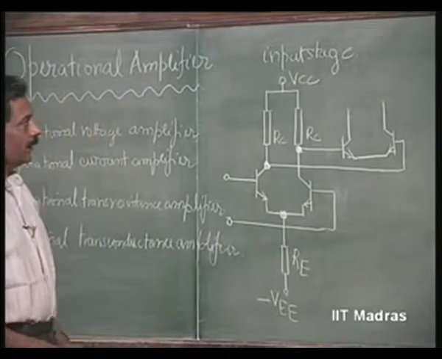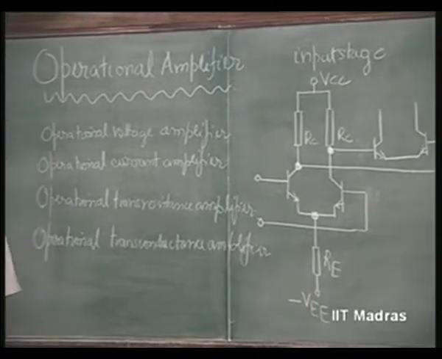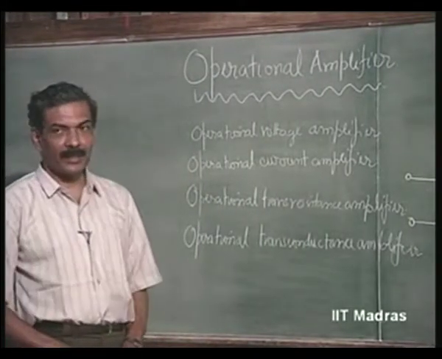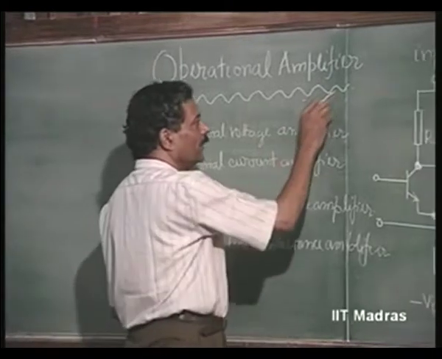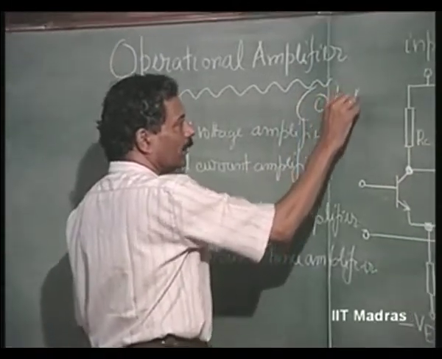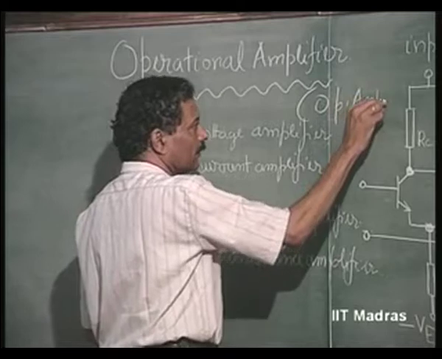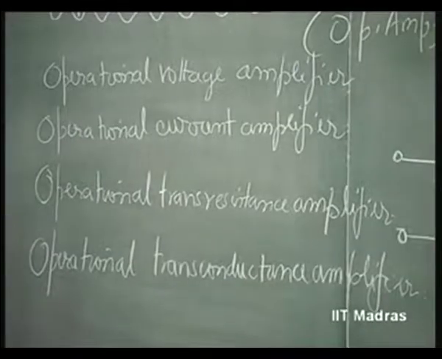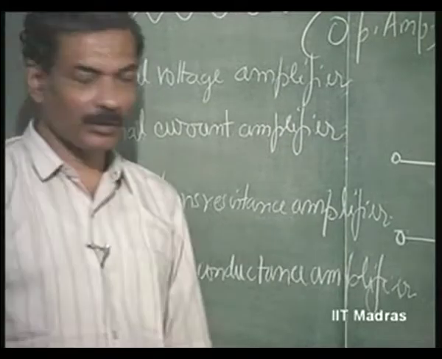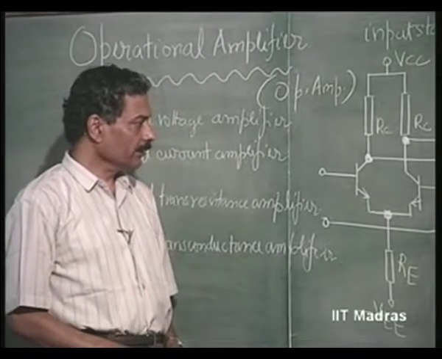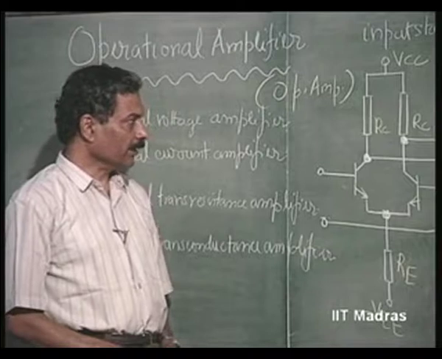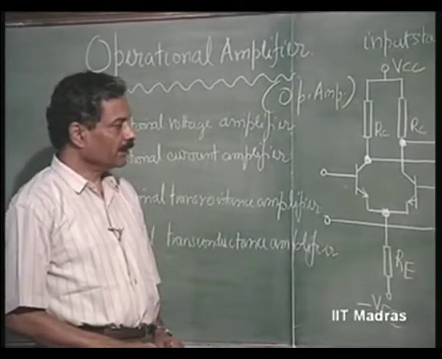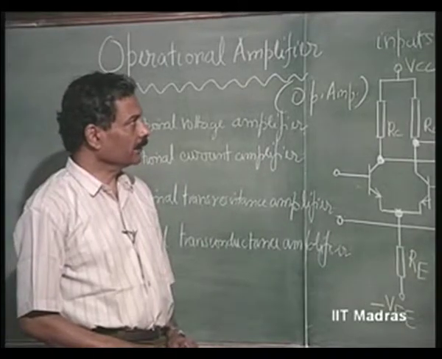We just started the discussion on a special type of amplifier called operational amplifier, popularly called op amp. This has become a very useful building block these days of electronics, and we should know the basis of design of such stages.